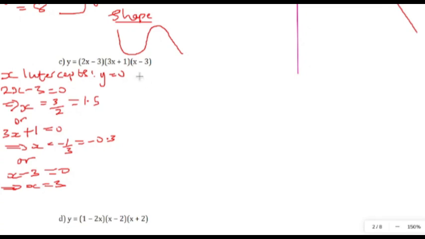Now what of the y-intercept? How do we compute our y-intercept? So we come here, we have y-intercept. Okay, we make x is equals to 0. So x is equals to 0 for the y-intercept.